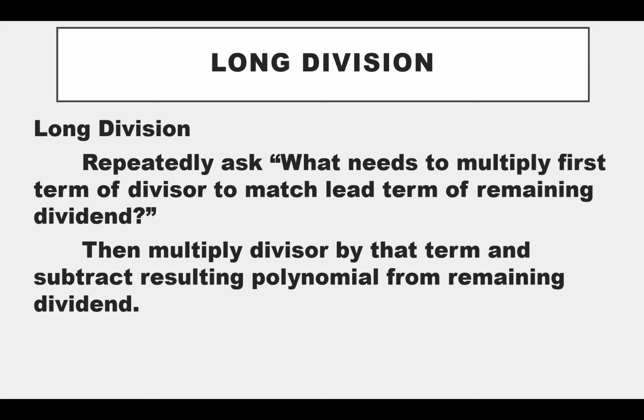Long division is a process where we repeatedly ask what needs to multiply the first term of the divisor to match the lead term of the remaining dividend. Once I figure out what that is, I can multiply the entire divisor by that term and then subtract whatever I get from the remaining dividend.